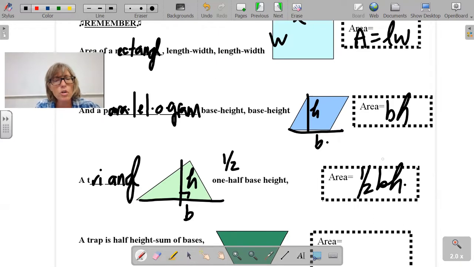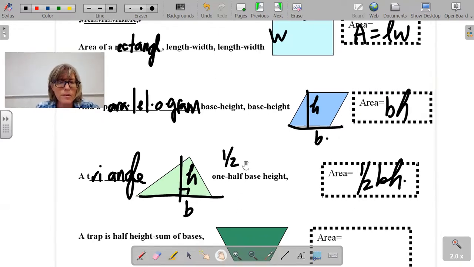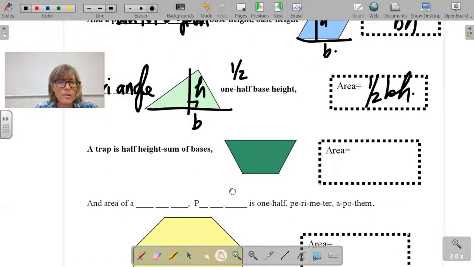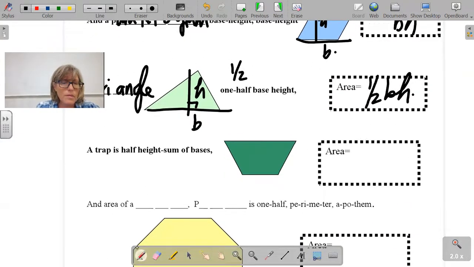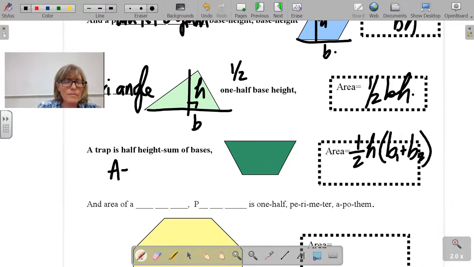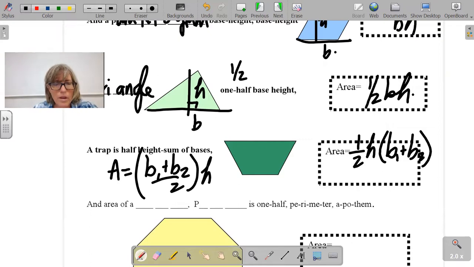A triangle, 1/2 base height. A trap is half height, sum of bases.